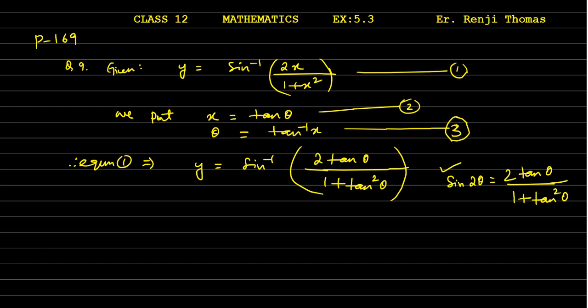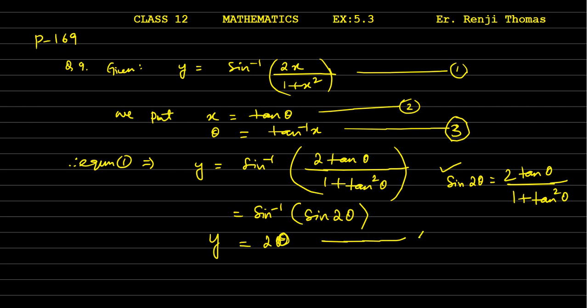You can simply substitute what is inside the bracket as sine 2 theta, if you know this basic formula. So you can write it as sine inverse sine 2 theta. Now sine inverse sine cancels, so you get 2 theta. So my dear students, you get y is equal to 2 theta, and this can be written as equation number 4 if you want.